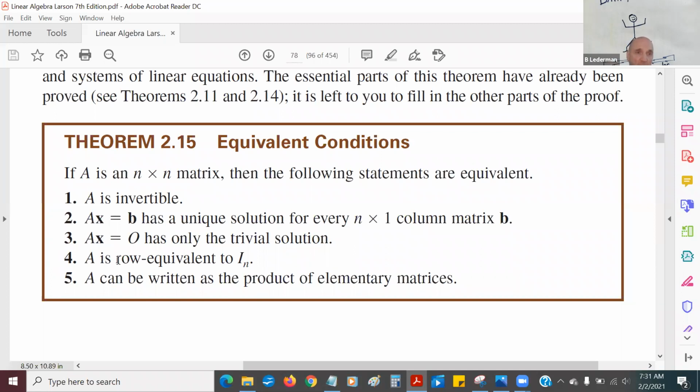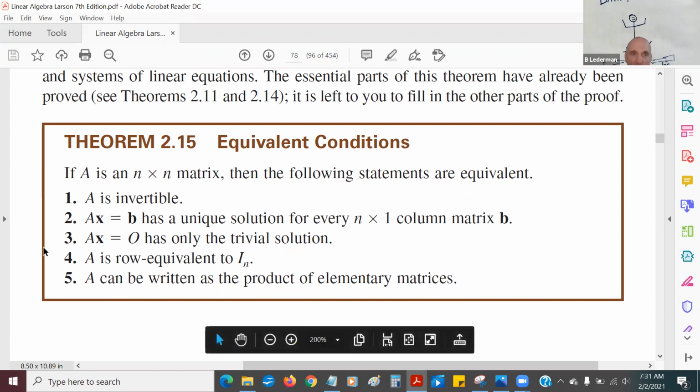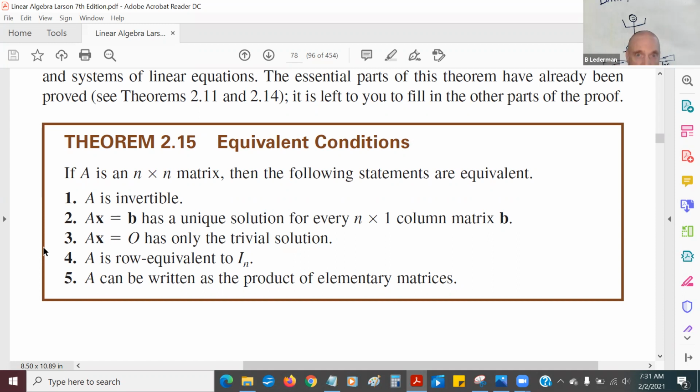So if I know that A is not row equivalent to the identity matrix, then it's not invertible, it doesn't have a unique solution, it doesn't have only the trivial solution, it cannot be written as a product of elementary matrices, and so forth. So it's either all 5, once I know one of these things is true, or on the flip side, once I know one of these things doesn't hold, then all 5 don't hold.